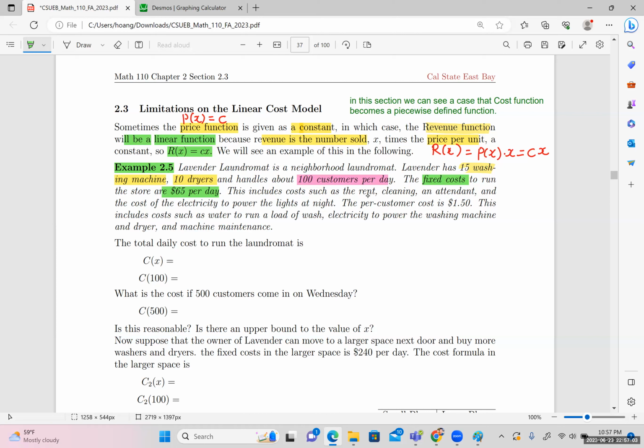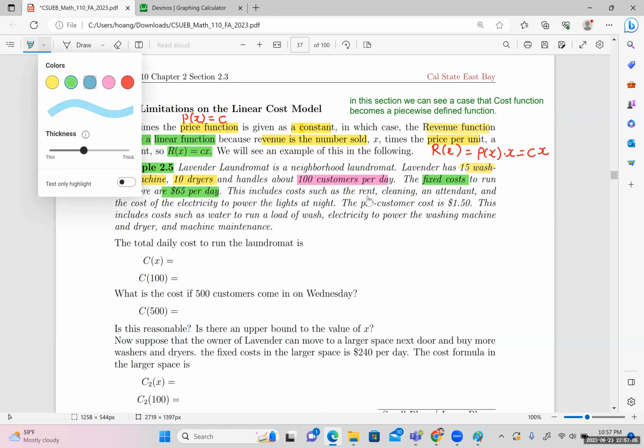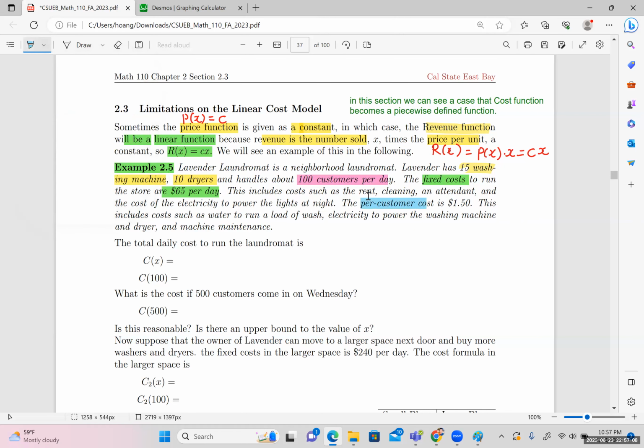Now let's come to the per customer cost, and it's going to be $1.50. That means for every one customer coming into the store, you have to use $1.50 to pay for the water to run a load of wash, for electricity to power the washing machine and dryer, and for machine maintenance.